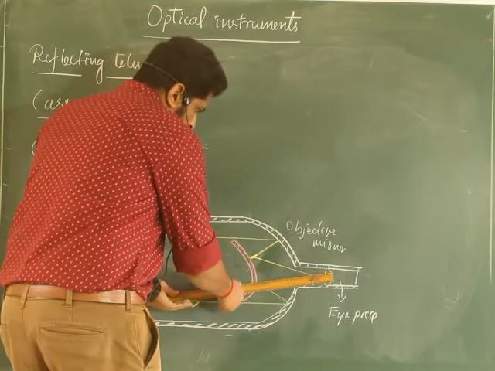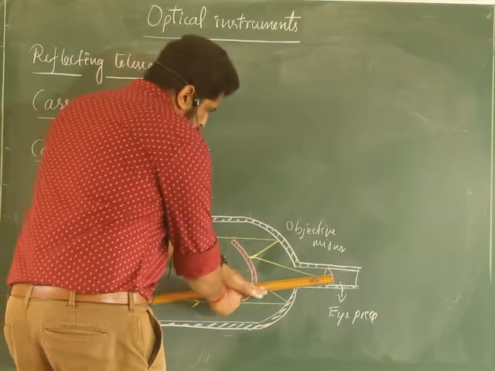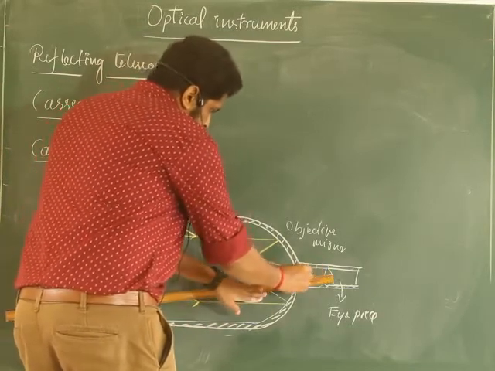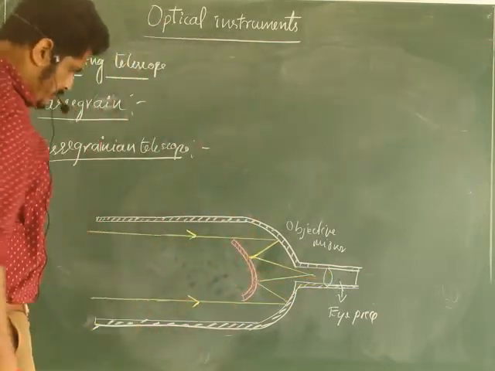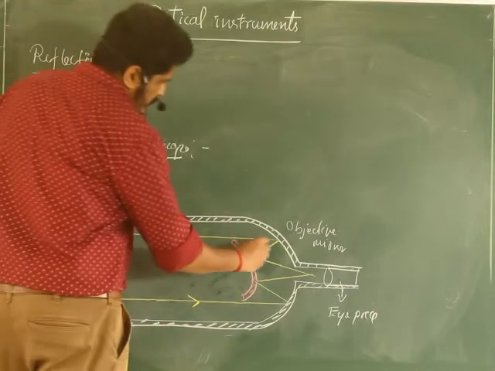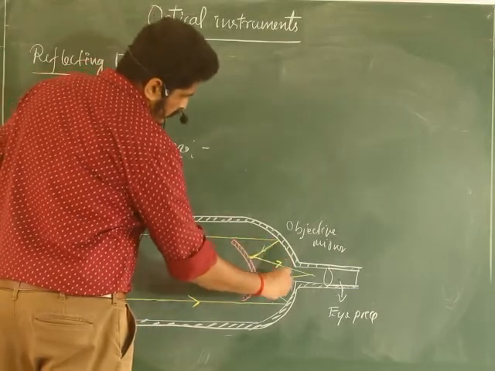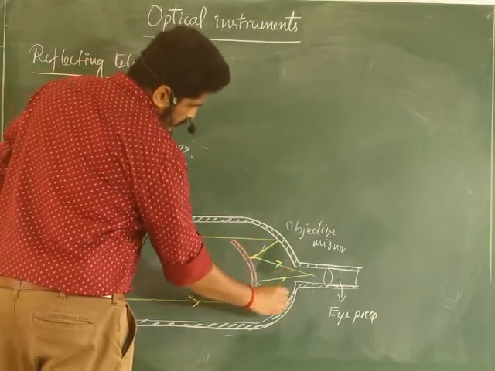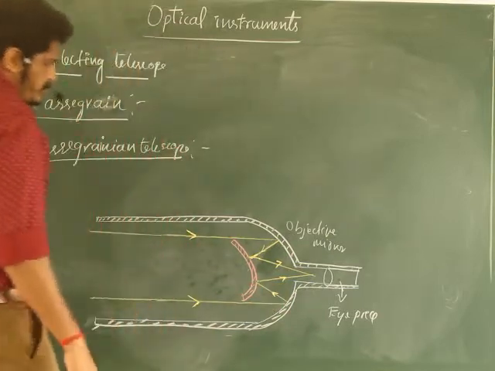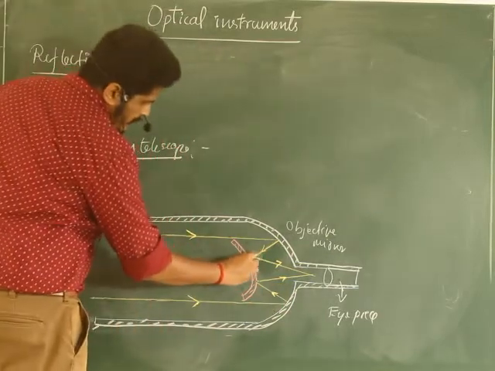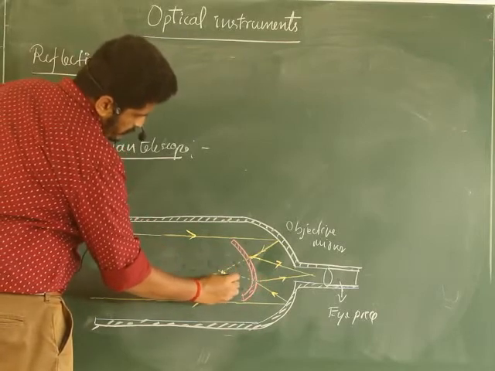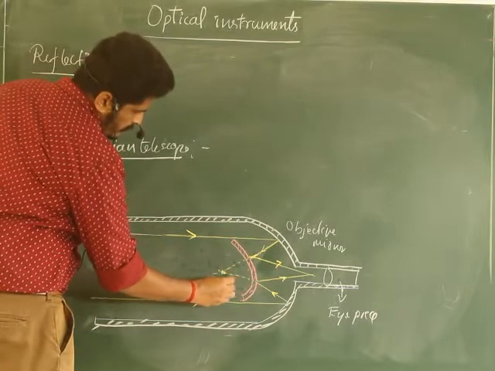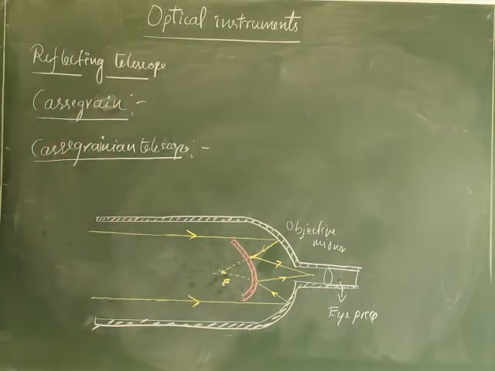This reflection takes place from this particular point. You can use the scale with proper measurements, okay, easily you can do this. So the ray of light will reflect in this particular way. So when you retrace that in this particular direction, this will be the principal focus of this particular mirror. It's a very simple diagram.